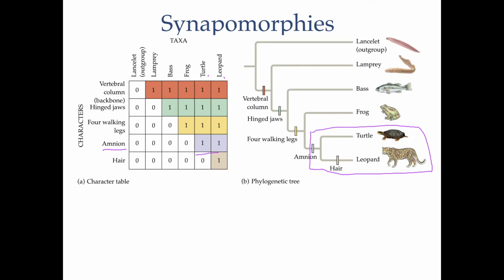So amnion would be a synapomorphy, and this synapomorphy is helping us to group turtle and leopard together. Can you give me another synapomorphy that is represented in this tree? Or another example of a synapomorphy?